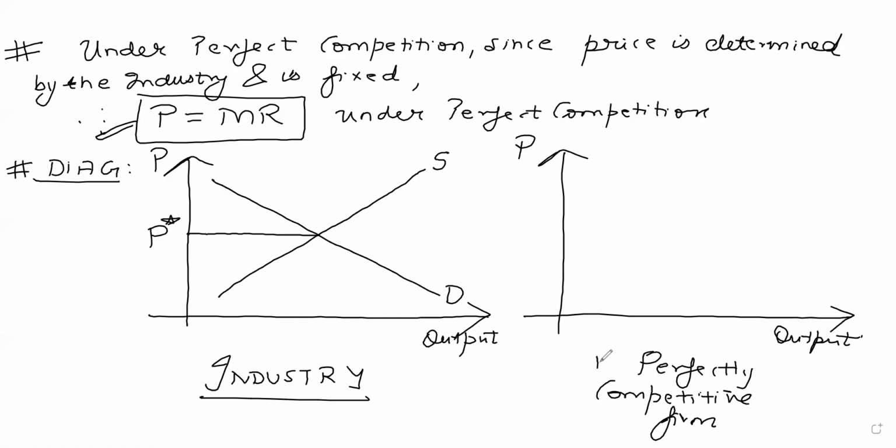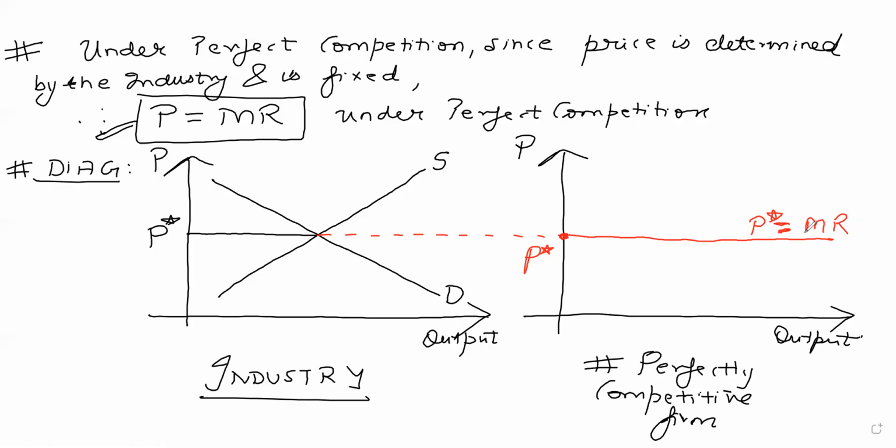Now, when I talk about one particular competitive firm, this firm will take this price as given and can supply as much as it can at this price. So guys, this is nothing but my marginal revenue.